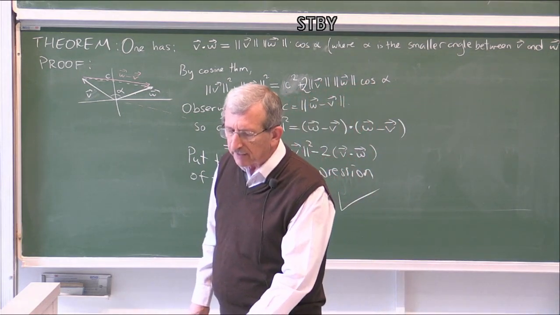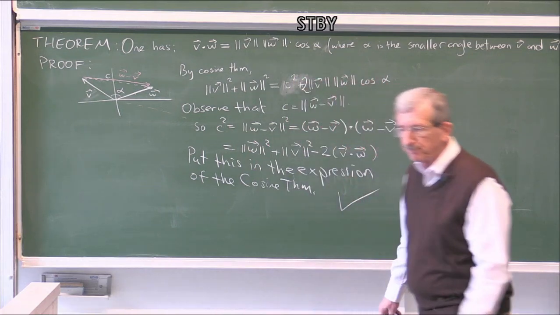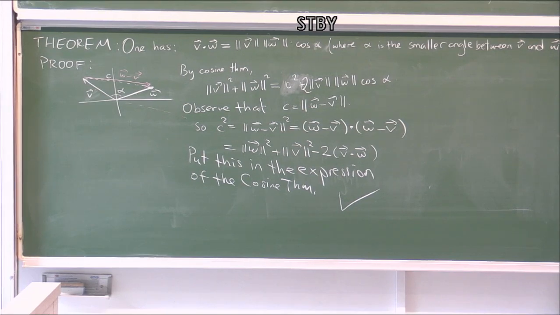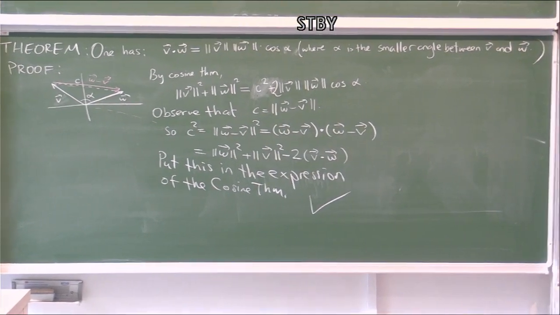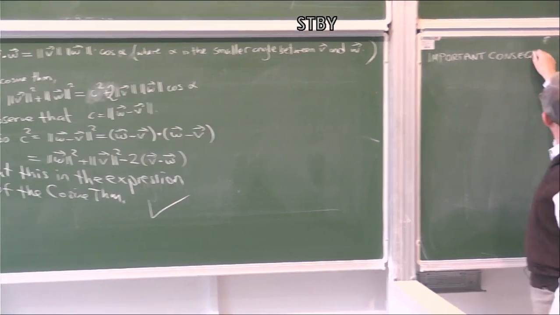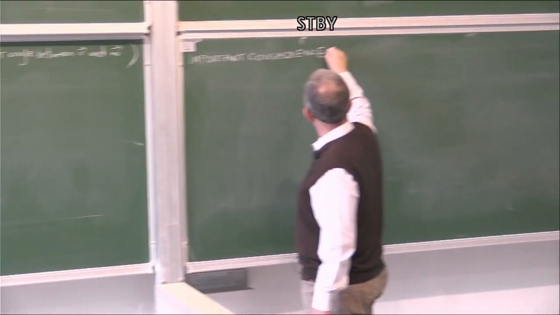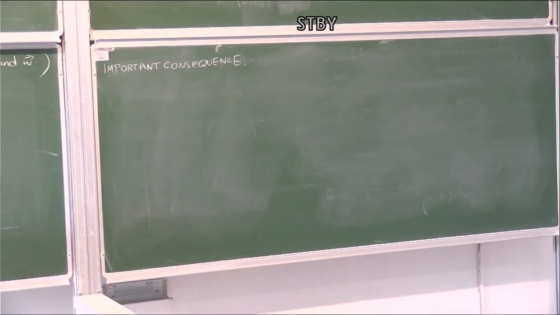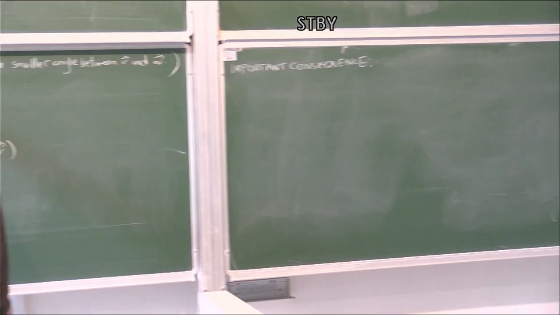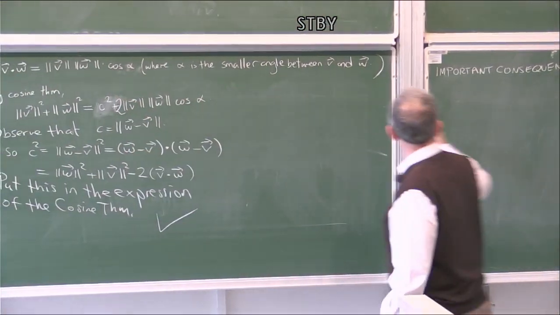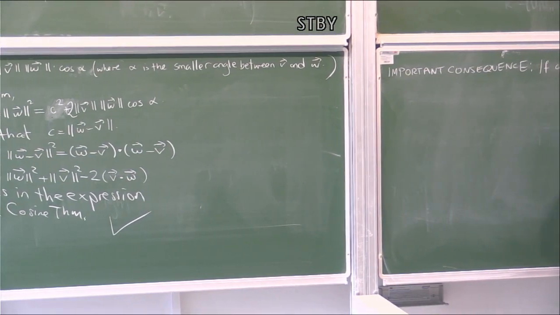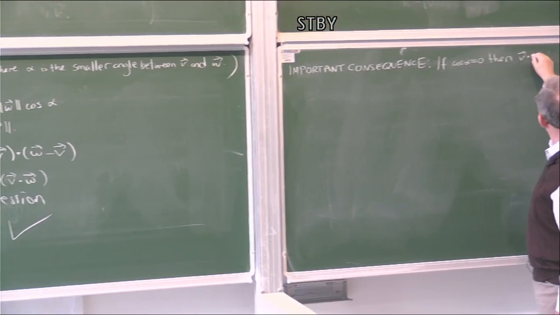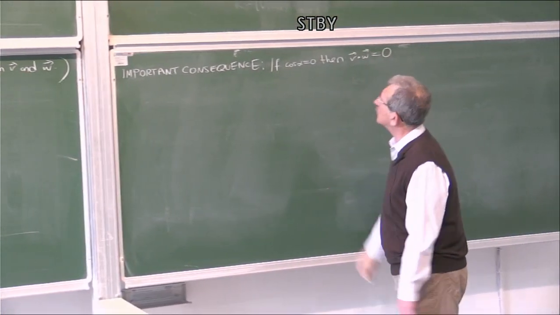Now, this tells us a very important thing. Namely, that if the right-hand side, that is cosine alpha, is 0, then the inner product is 0.